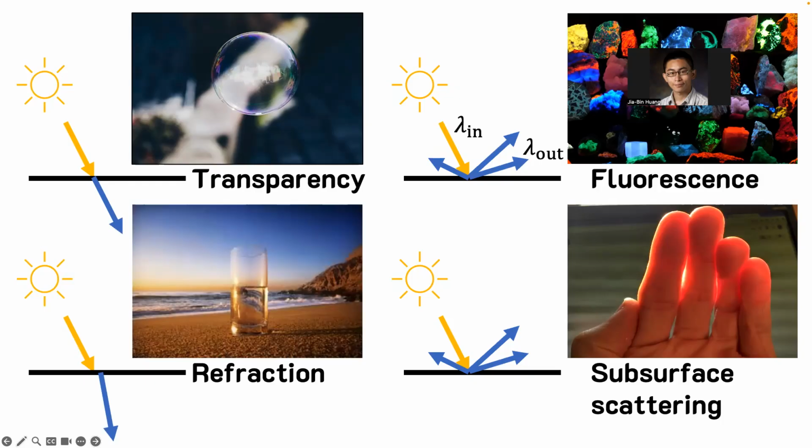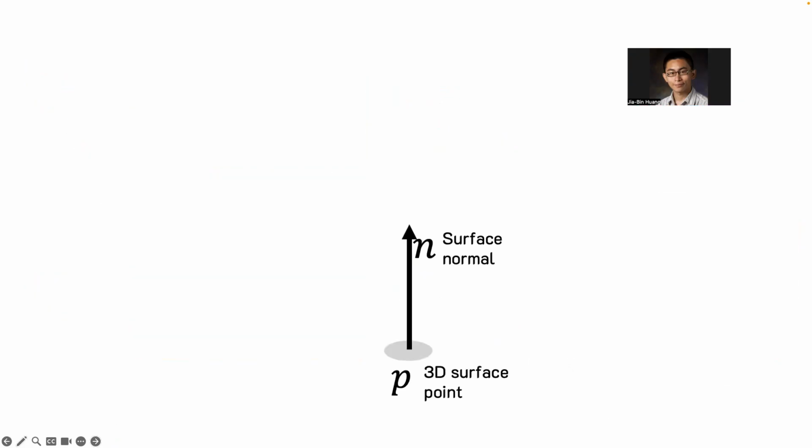And the most general form looks like this, okay? So you have a 3D point at the 3D surface, and you can see that you have a surface normal, and you have a light source. Like you have a light source at this location. Let's talk about just a single light source. By the way, this is already more computer graphics, but I think it's good to understand this a little bit.